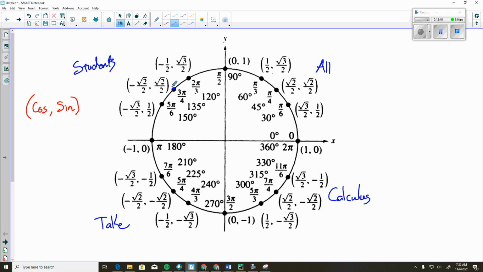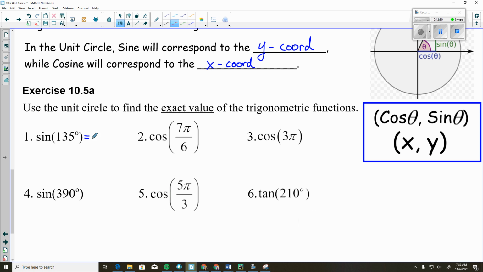So if I want to find the sine, that is just the value that I see in the y spot. So my answer is square root of 2 divided by 2. We can verify this with a calculator, and it is definitely correct. The unit circle is just another way to quickly and easily find that answer.